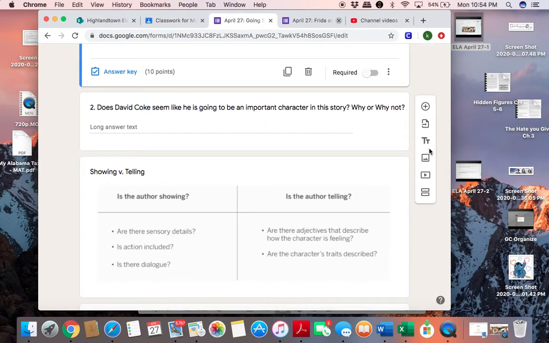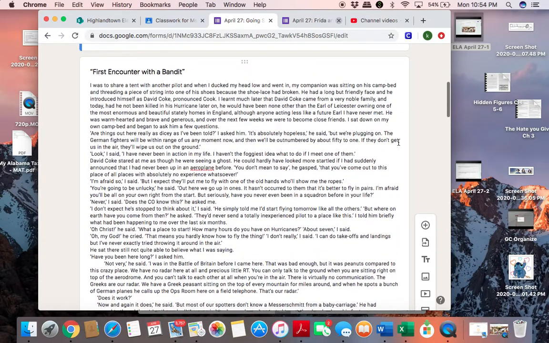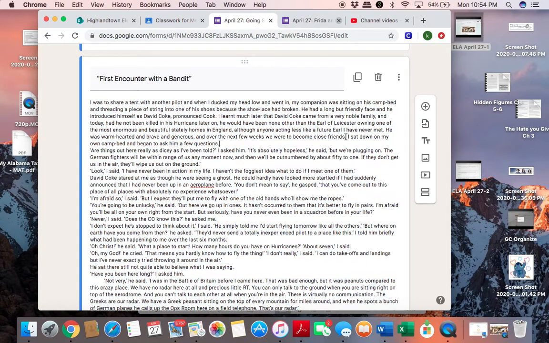Okay, moving on to the second question. Does David Koch seem like he is going to be an important character in the story? Why or why not? If we're thinking about the relationship of the narrator to this person that he has just met, we learned a very important sentence here, that we were to become very close friends.